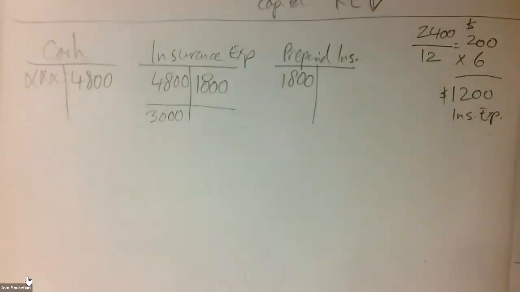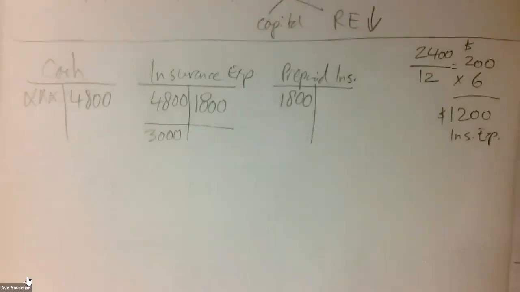That means insurance expense balance is right now $3,000. But then I do the math. I say, wait a moment, $2,400 divided by 12, that's $200 a month. Insurance expense times 6 months passed, so we should have insurance expense of $1,200. How come I have $3,000 insurance expense?